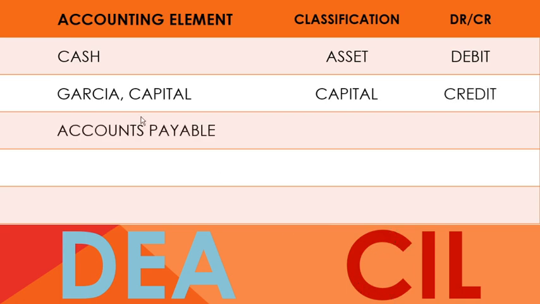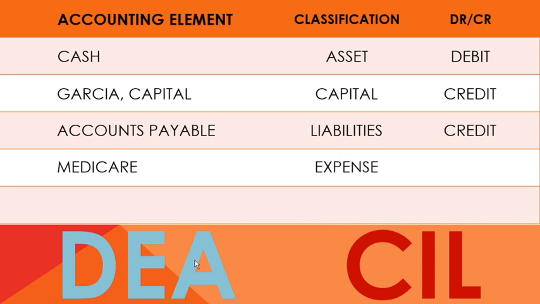Third one, accounts payable. Ang accounts payable is considered as a liability. So, ang liability po ay under ni SIL, okay, which is a credit account. Fourth one is Medicare. Ano naman po ang classification ni Medicare? It is considered as an expense.